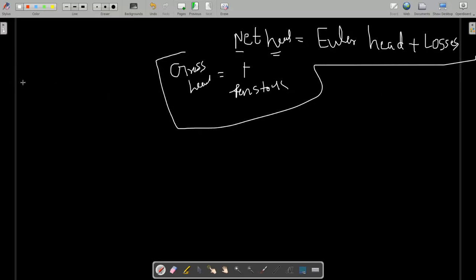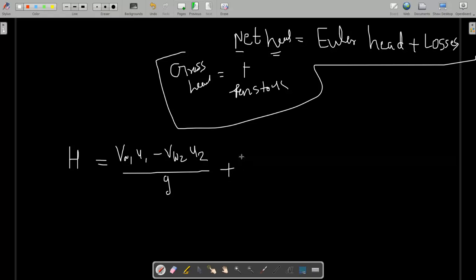Now net head H in our case is equal to, what is the Euler's head? It is (Vw1 u1 minus Vw2 u2) divided by g. This is Euler's head. Now what are the losses?